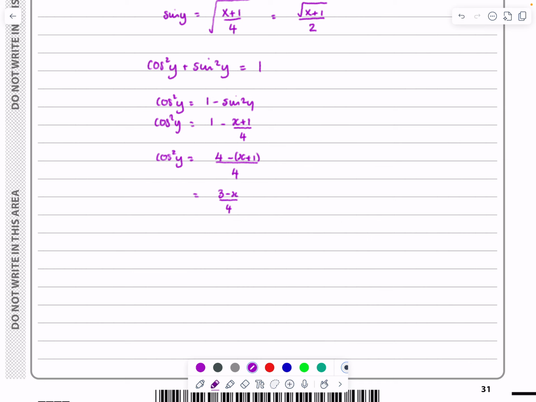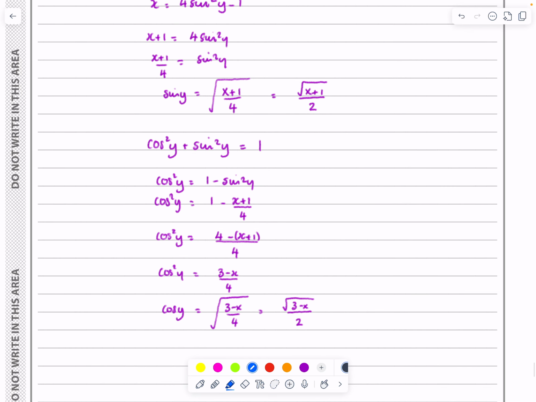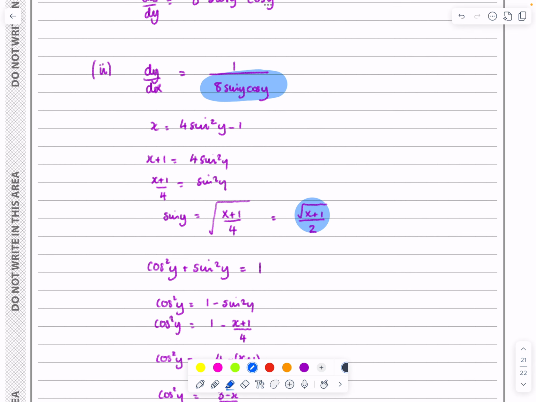So that's cos squared y. So cos y is the square root of that, or in other words, root 3 minus x all over 2. And now both of these two, this one and this one, can be put in there. Let's actually just do that.